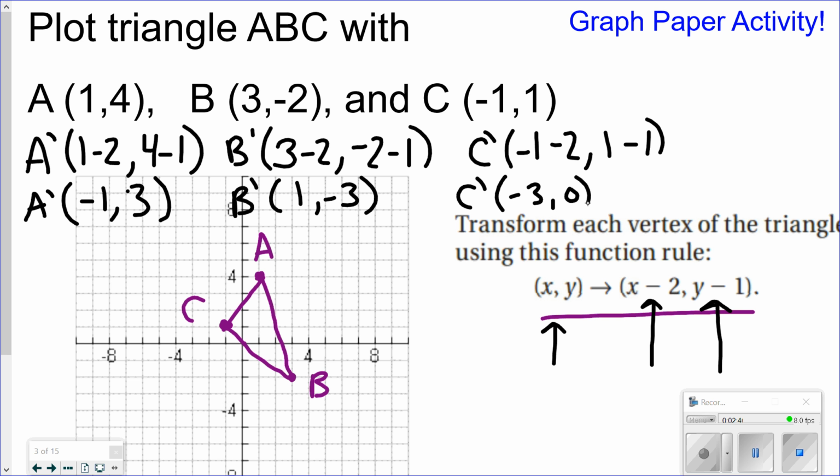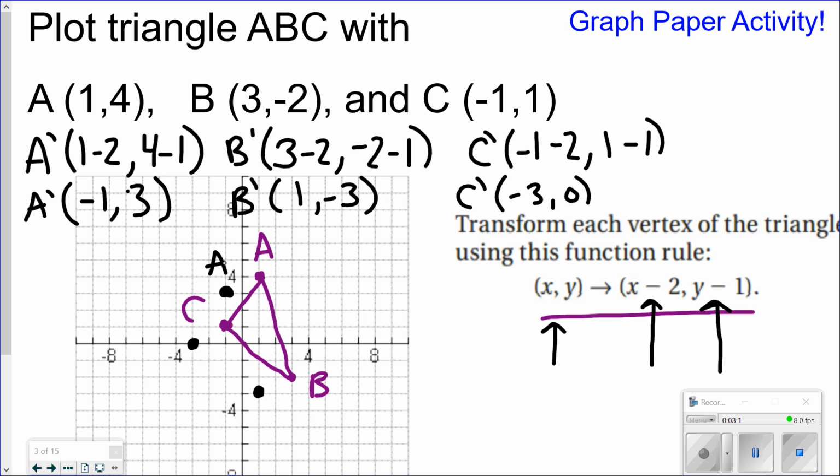So now I need to plot these new points. A prime is (-1, 3). B prime is (1, -3). And then C prime is going to be (-3, 0).